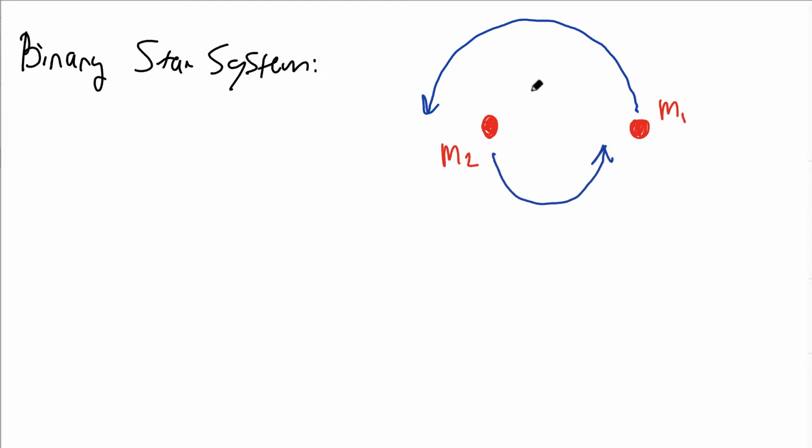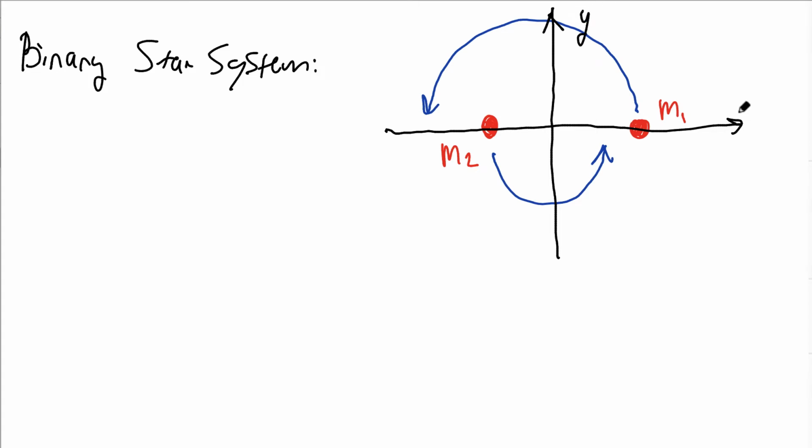We'll assume these are ordinary stars, so gravity is weak and their motion is slow. We'll also use the result for the gravitational wave luminosity to estimate the rate of energy loss, which determines the rate of inspiral of the two stars. Let the orbital plane be the xy plane, with the origin at the center of mass of the two stars.